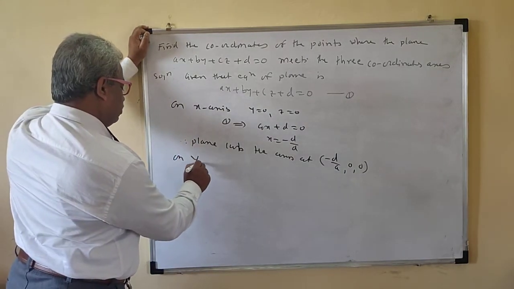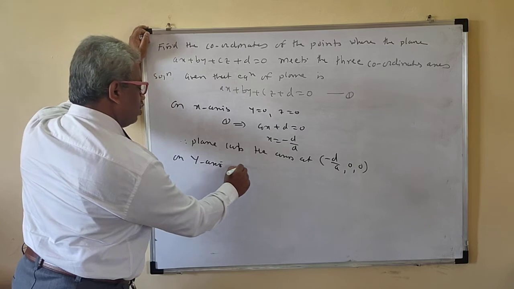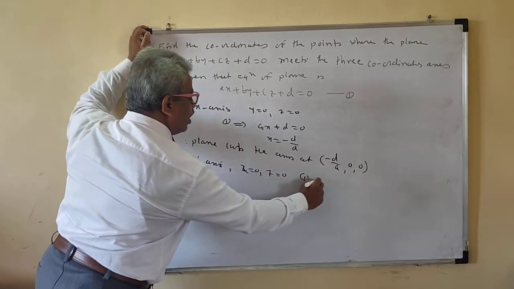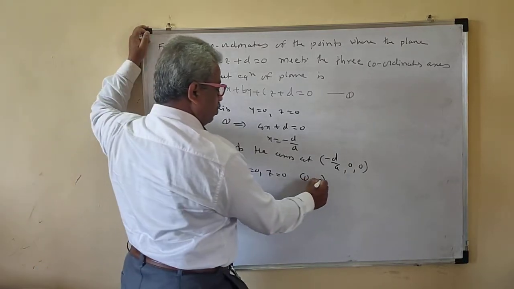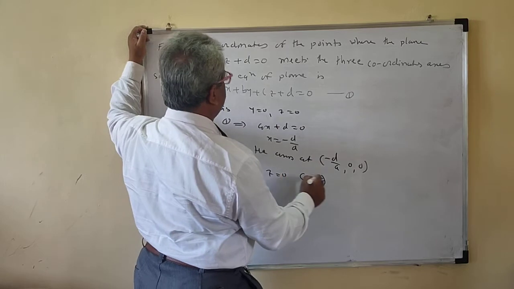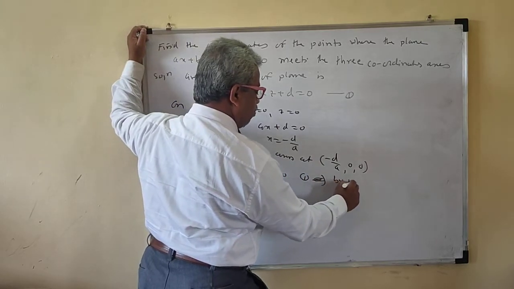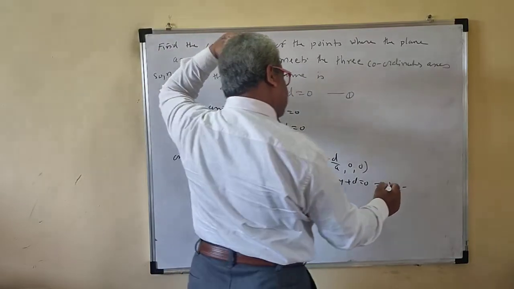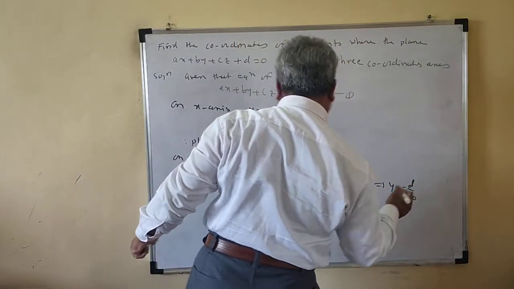On the y-axis, x is equal to 0, z is equal to 0. So 1 implies that by plus d is equal to 0, which implies that y is equal to minus d upon b.